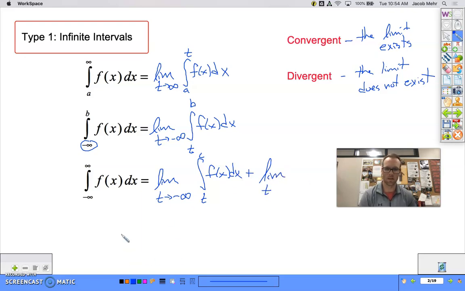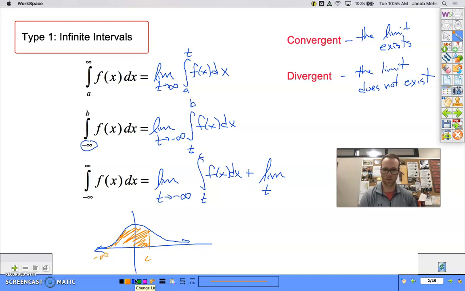the limit. So let's say our function is like this, and we pick c to be right here. The first part is going to give us this: we're taking the integral from t to c, as t goes to negative infinity.